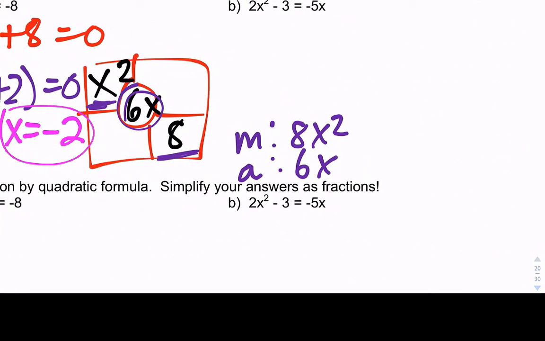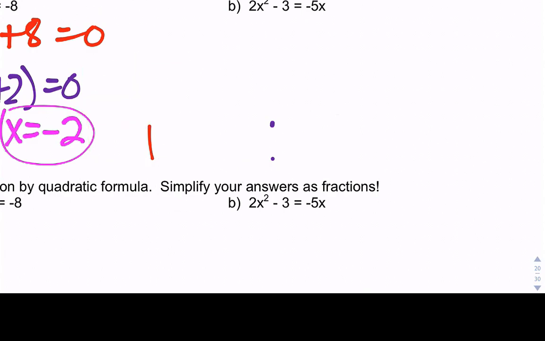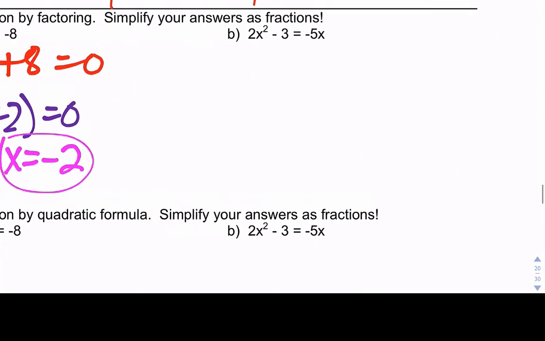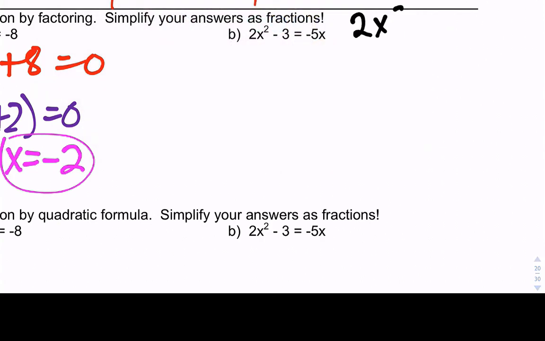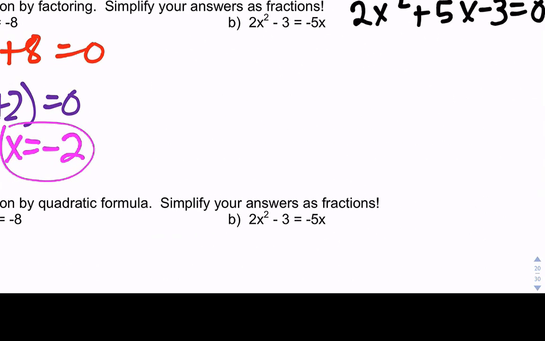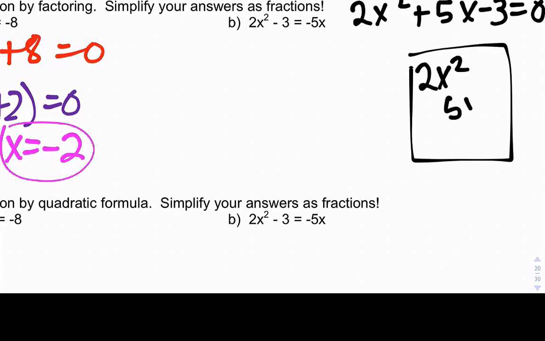I'm going to erase some of my work here. Okay, so again, you want to get 0 on one side, so we have 2x squared plus 5x minus 3, so I put it in standard form right there, equals 0. Again, let's put it in our box. So we have 2x squared, 5x, minus 3.